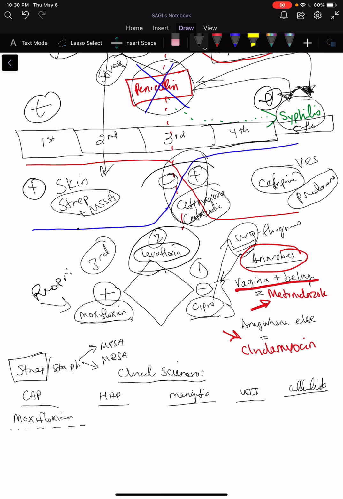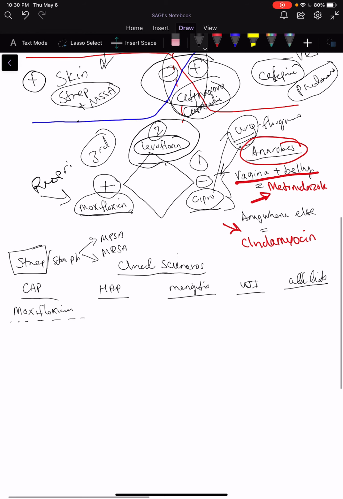We can use the third generations, so you can use ceftriaxone plus azithromycin. We didn't talk about the macrolides because they're not generally used very much, but this combination you should memorize.